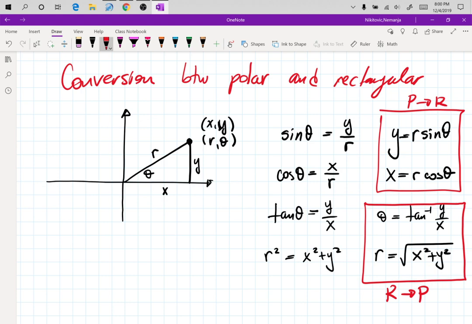Polar coordinates are to be used for situations when you have circles and rounded figures. We are going to see that. Whereas rectangular coordinates are great for rectangles, squares, triangles and things like that. We know that integration is done in rectangular coordinates to find area under the curve.